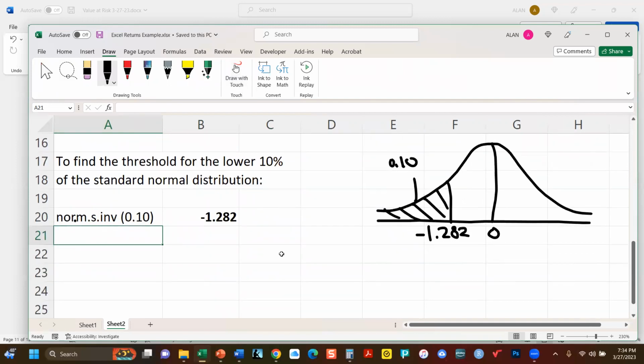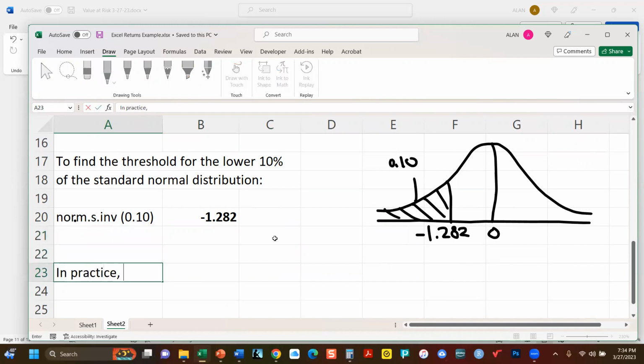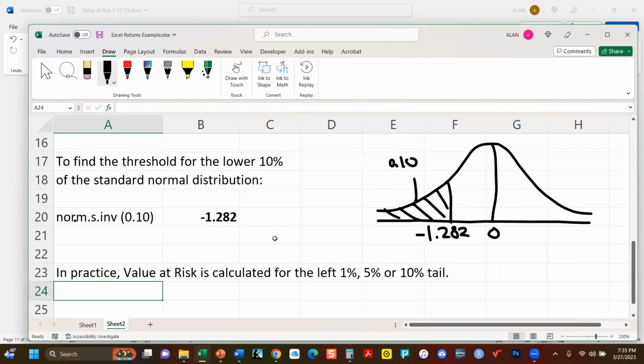And so in principle, we can look for any left tail we want, but in practice, value at risk is calculated for the left 1%, 5%, or 10% tail. The others are kind of unusual. These are the normal ones. And the one that you pick depends on how conservative you want to be.